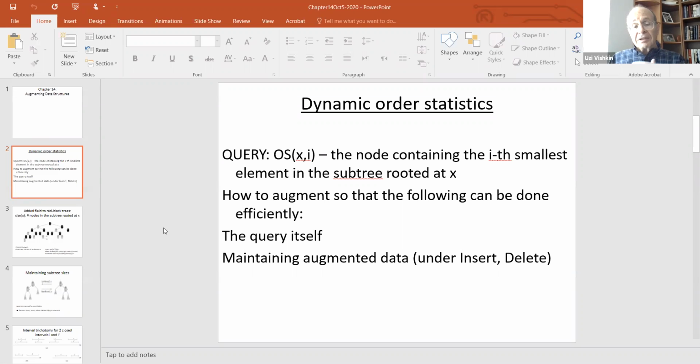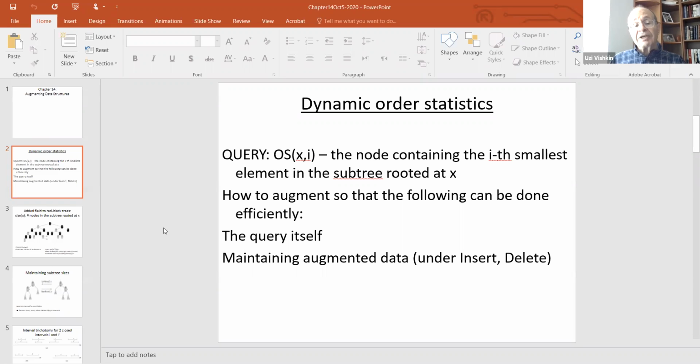And in order to be able to resolve this, we are going to extend this query in a way that for every internal node of the data structure, like red-black tree, I'll be able to answer the question, what is the i-th smallest in the subtree rooted at that internal node? So the question that I'm going to ask here is how to augment a data structure so that the following can be done efficiently.